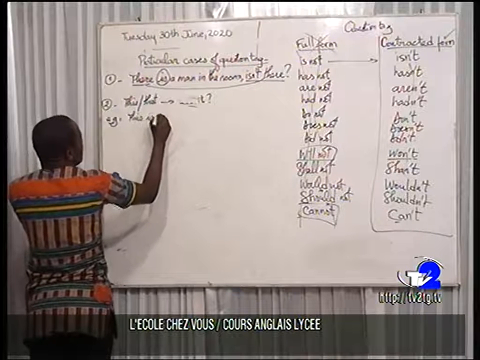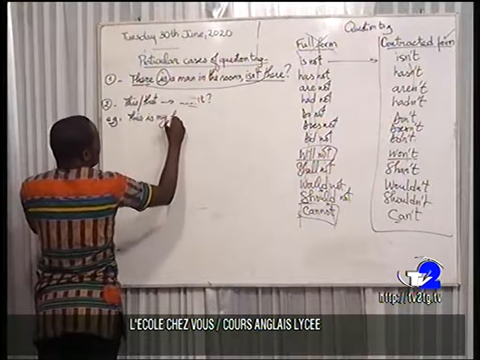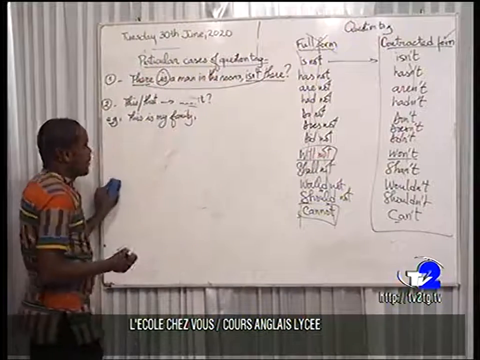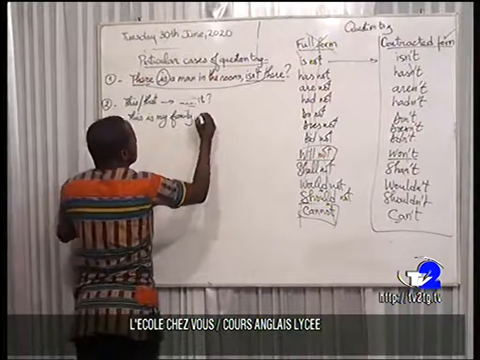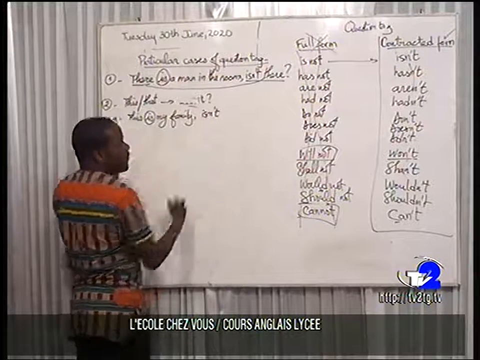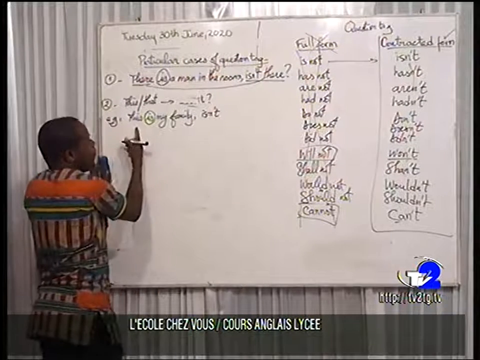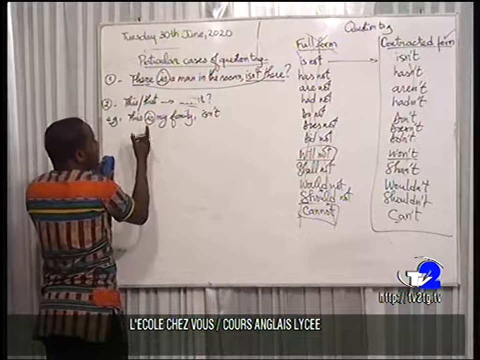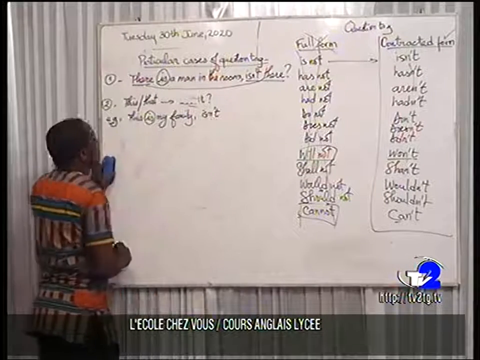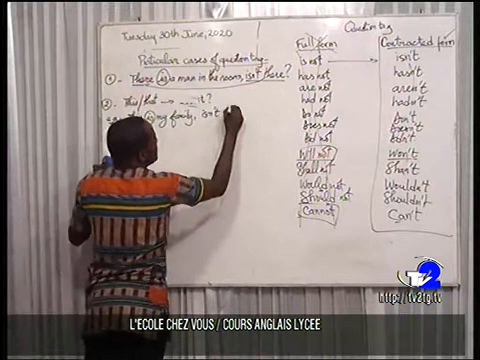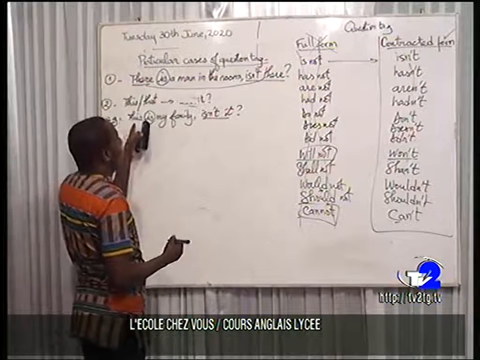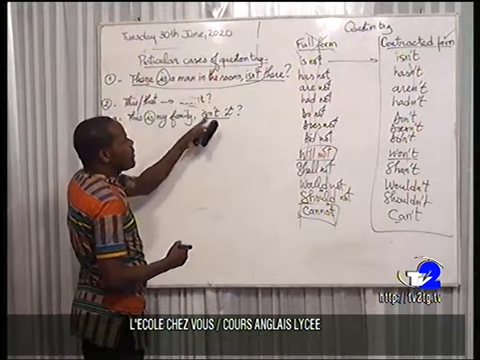This is my family. Here the question tag should be, first of all, is the verb. We repeat it here because it is an auxiliary verb. Now, the sentence is positive, the question tag is negative. This one is correct. Now, the subject here must be it. We have to say, this is my family, isn't it?